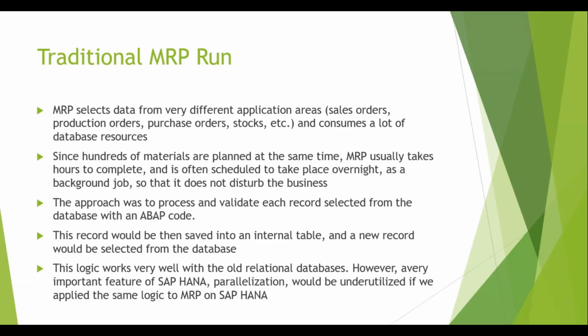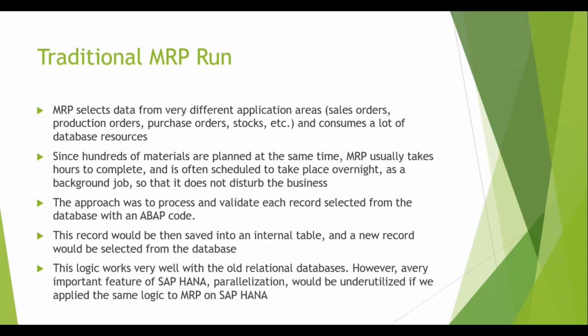So the same thing is written in this first slide. MRP selects the data from different application areas. It takes the data from sales orders, whatever you need to deliver; production orders, whatever you are already in the process of manufacturing; purchase orders, whatever you have already ordered; and stocks, whatever is already available in your warehouse.